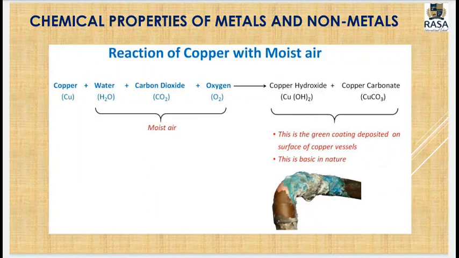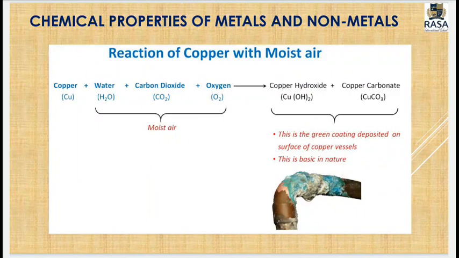That is, in air we have water vapors, carbon dioxide, oxygen, and when a metal like copper gets in contact with it, there is corrosion of copper, due to which copper oxide and copper carbonate is formed. This is green in color. Okay, so as in the figure you are able to see the corrosion of copper.